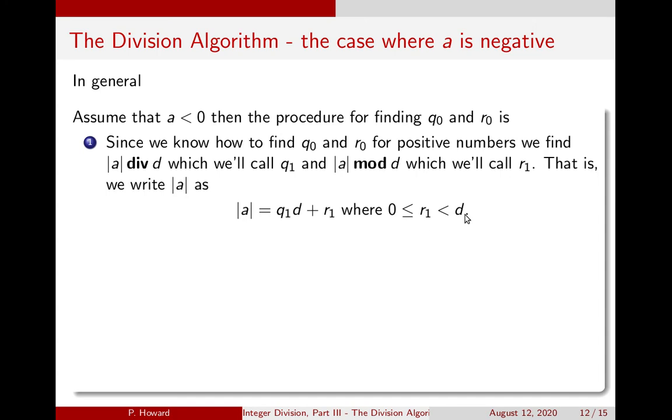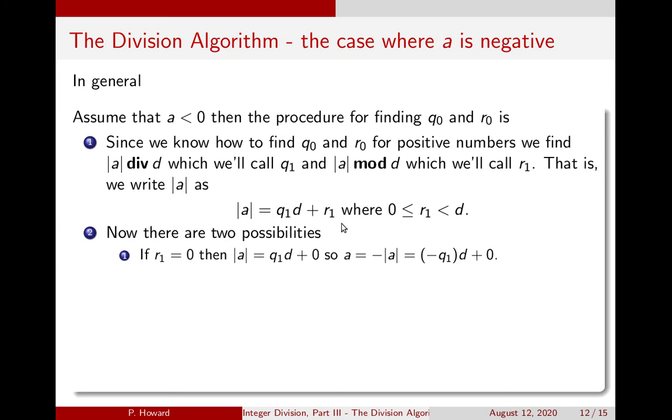And now we're going to multiply both sides by minus 1. In just a second, actually. There are two possibilities. The first possibility is the easiest of the two. If the remainder, when you divide the absolute value of a by d, is 0, then the absolute value of a is q1 times d plus 0.